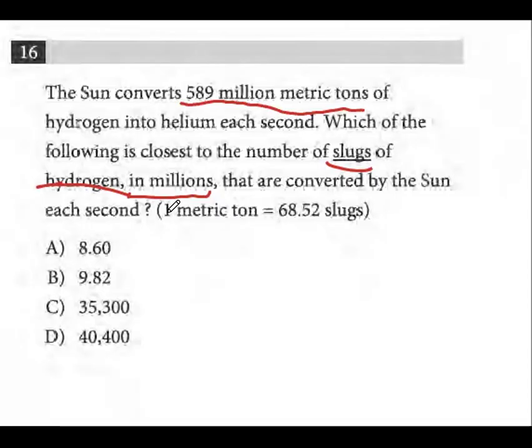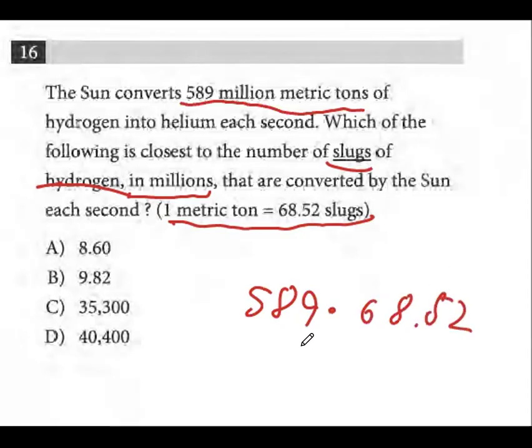And we're told the conversion factor is 1 metric ton is 68.52 slugs. So in this case, we just take 589 and multiply by 68.52. This is approximately 40,000. So the correct answer is D.